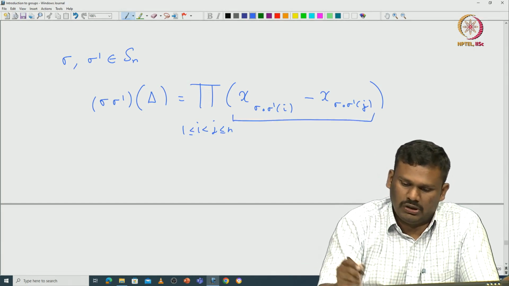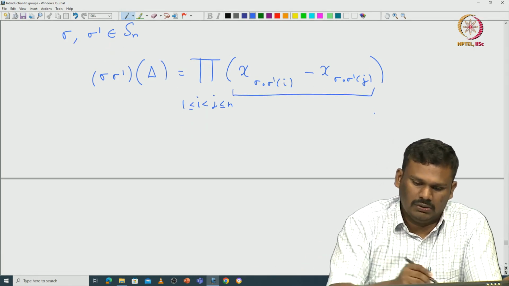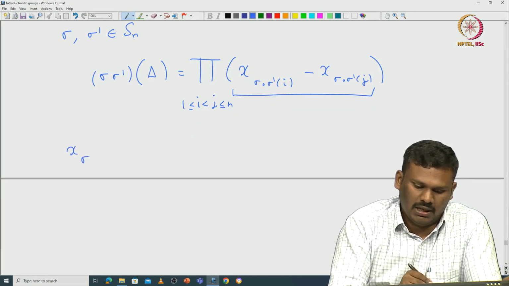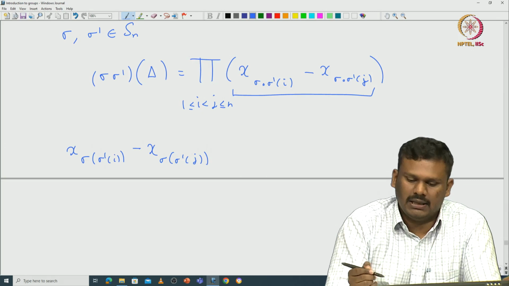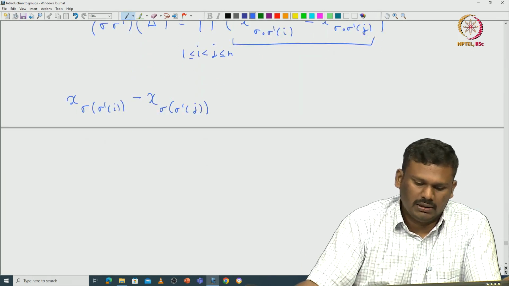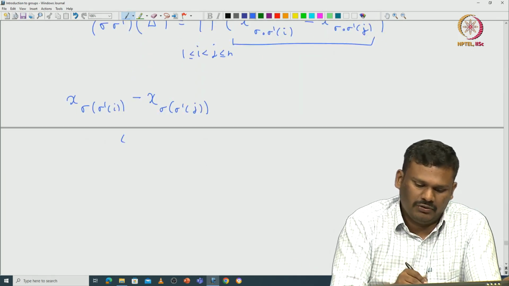Now what is this? Just look at this particular monomial and write it out. This is x_{sigma dash of i} minus x_{sigma dash of j}. If you think about it, this is obtained in two steps.